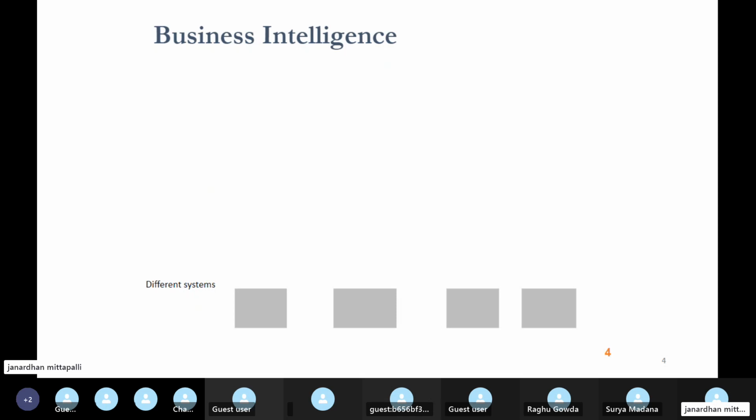There are a lot of data source databases we have; you can understand once we start the database concepts. So once we have data from different systems, we'll place our data into a data repository, or we can say data warehouse.